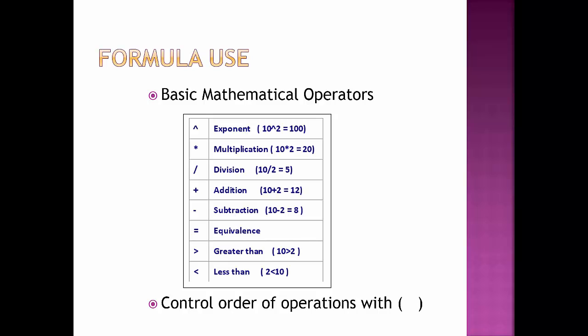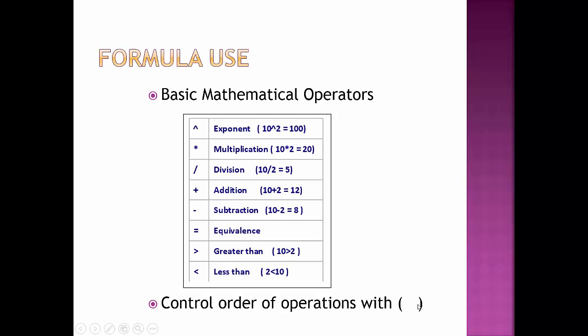And so knowing these mathematical operators is really important if you're going to be creating formulas, which is something I want you to be doing, right? And also something important to know is if you're going to have multiple operations going on, you can control the order of those operations with parentheses.